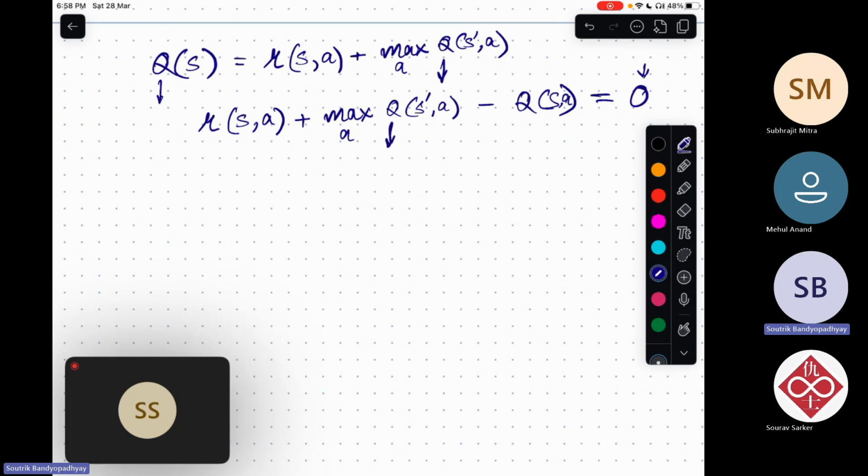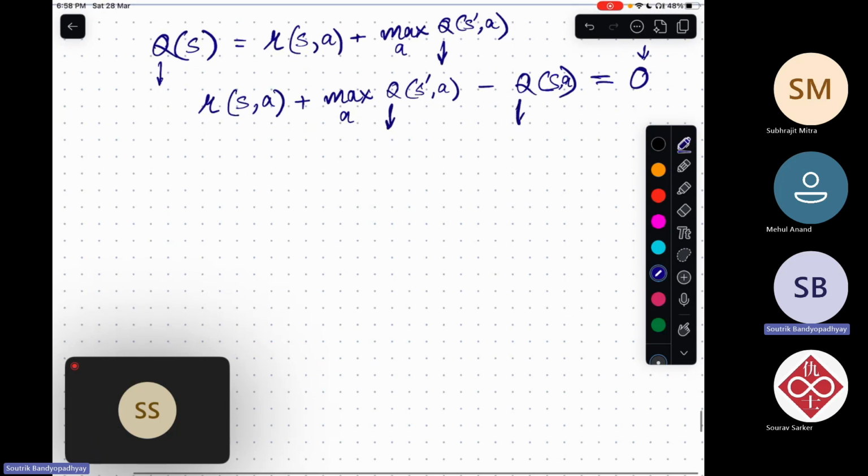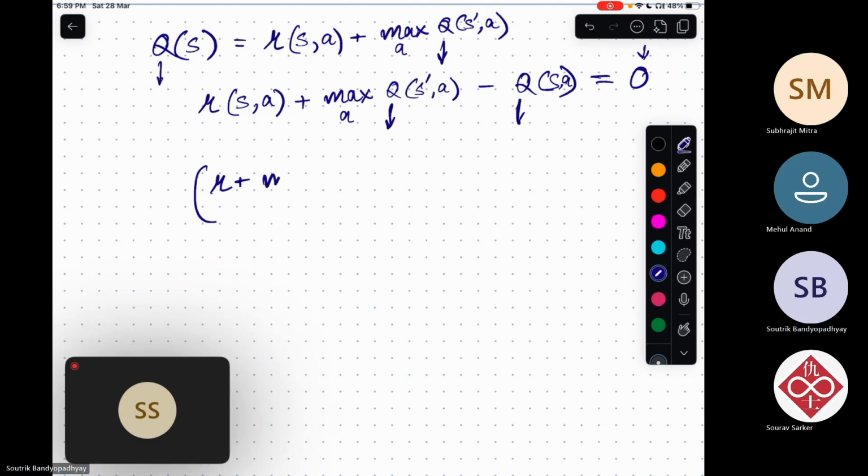But since I don't know these Q functions, initially there would be some error here, right? Now, if I take this right hand side with R plus max over A of Q minus Q, this I define as the Bellman error, right?